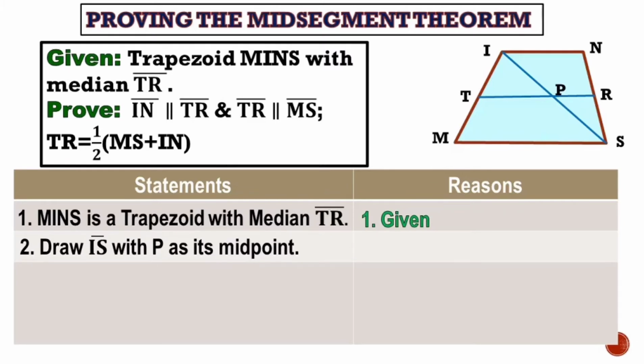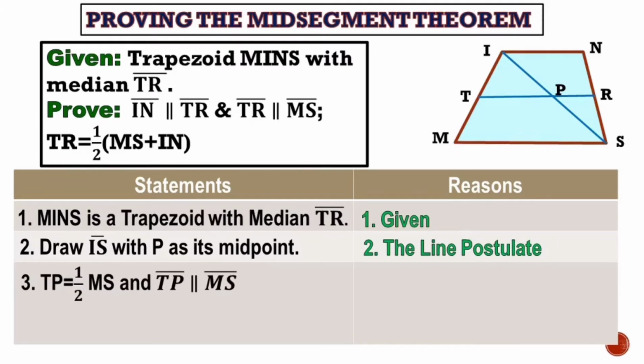Next, we draw segment IS with P as its midpoint. The line postulate is the reason. Next, number 3 statement, TP is 1/2 MS and segment TP is parallel to segment MS. PR is equal to 1/2 IN, and segment PR is parallel to segment IN.